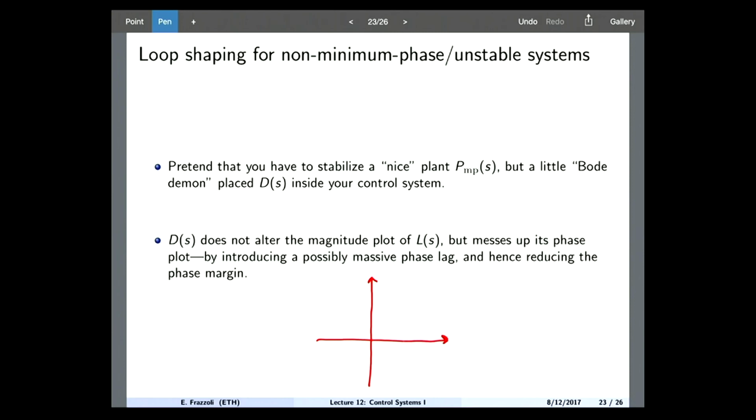Let's assume that D of s is, say, (s plus z) over (s minus z).